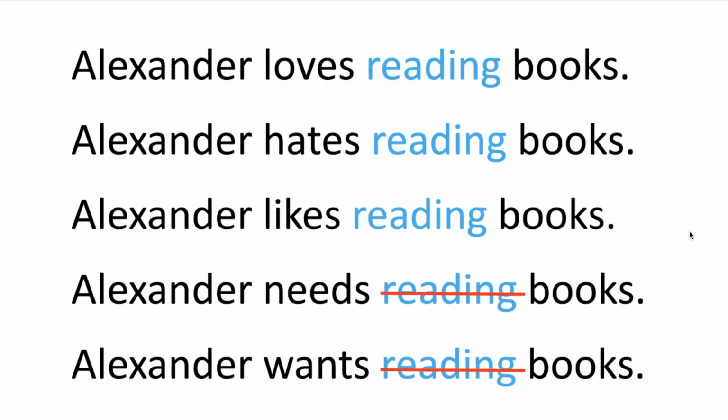Because we always have exceptions in English, we can't use the ing form for the second verb for needs or wants. They both have to use the infinitive. So we have to say needs to read, wants to read.